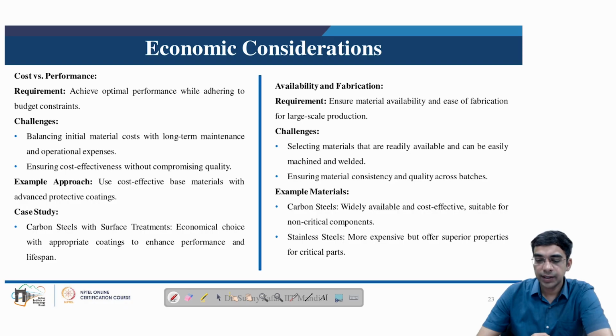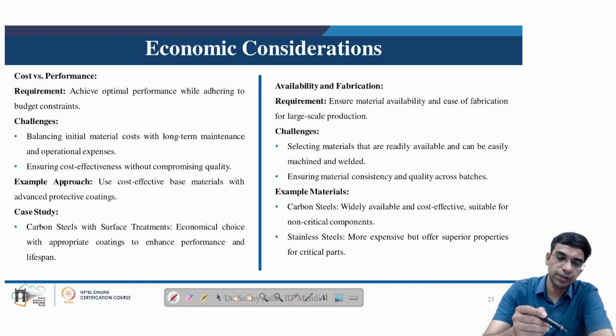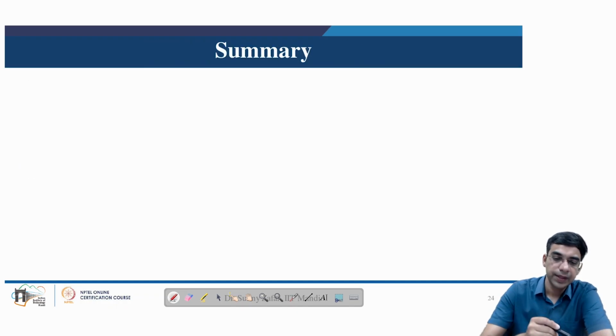Material quality and consistency across batches may also be desired. Examples again involve carbon steels, which are widely available and cost effective for non-critical components, whereas stainless steels can be used for more expensive components with superior properties such as enhanced corrosion resistance for critical parts.